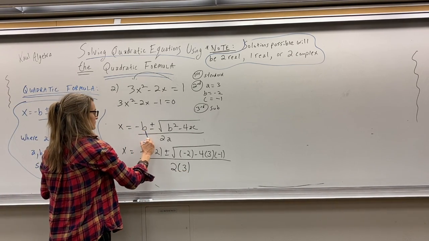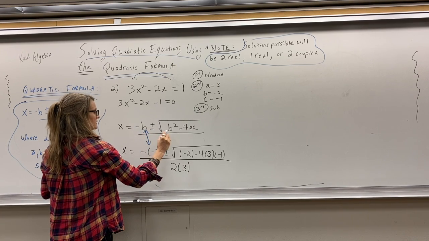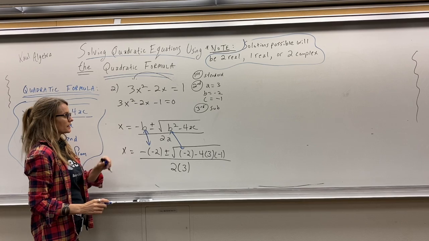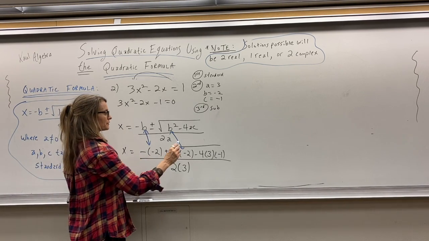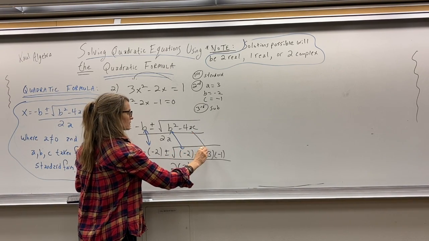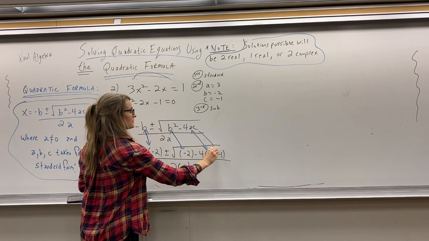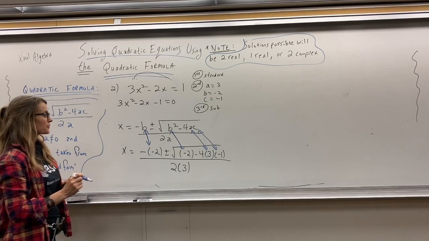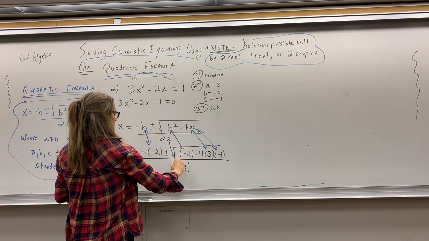So just to clarify, you can see that. And this is why parentheses are really important, because when you have more than one negative, they tend to get lost in the shuffle. And most of the errors I see come from incorrectly substituting those.